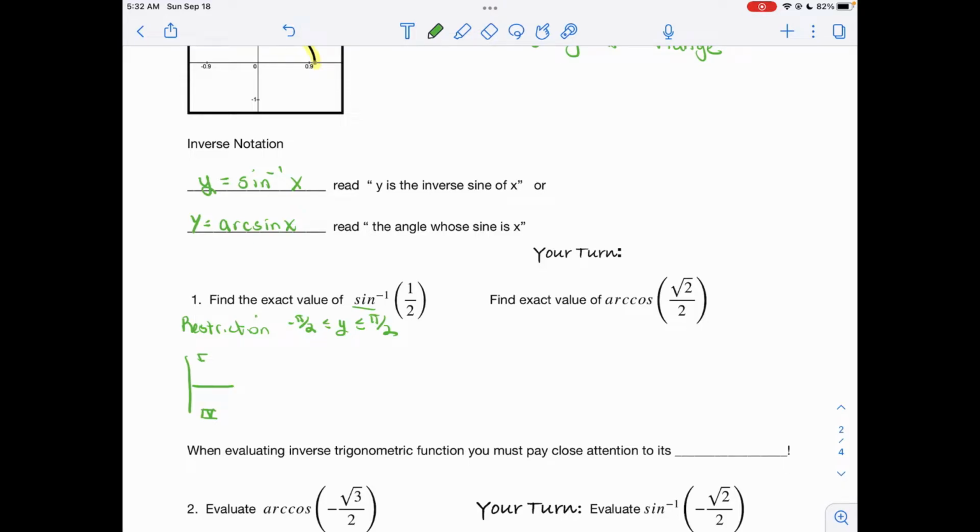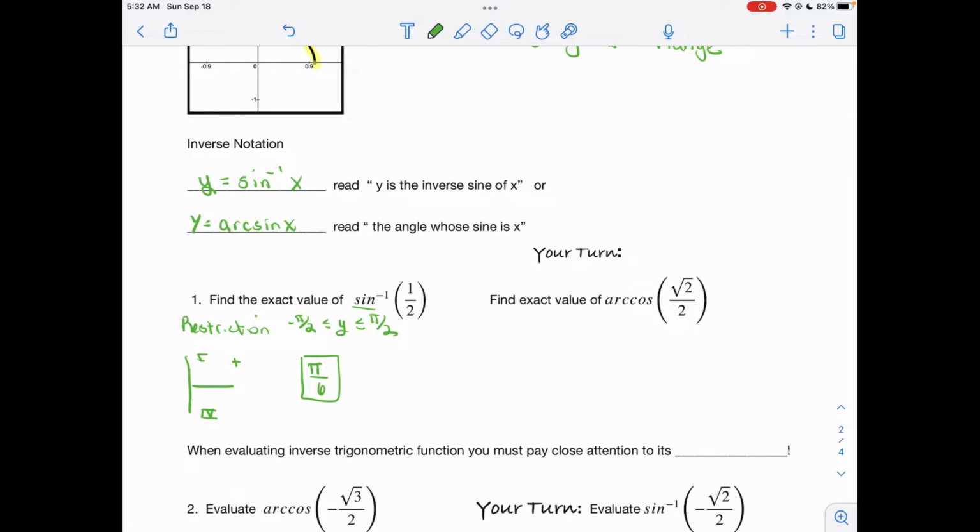I look at these two quadrants and ask which has a positive sine value, and that would be quadrant 1. So my answer has to be a quadrant 1 angle. I recall my unit circle and think about the angles in quadrant 1 that have a sine equal to 1/2, and that is pi over 6, and that's your answer.